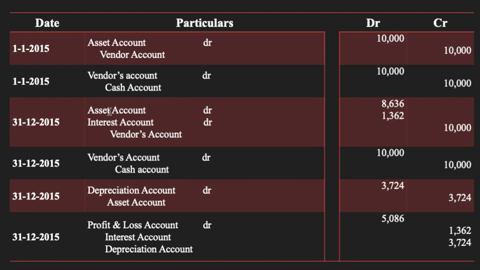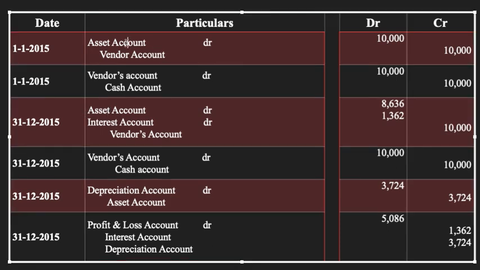If we look at the information which is given here, we can create the asset account. Then we have the vendors account that we are going to create. Then we have the depreciation account, and one more is the interest account that we are going to create here. That is, we are going to create four ledger accounts, and we are going to pass all the journal entries in the respective ledger account.